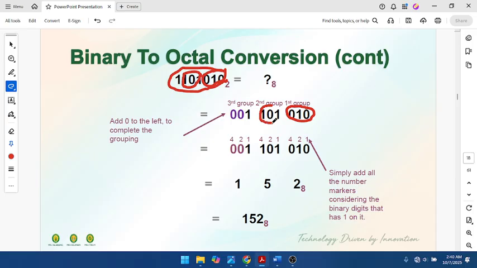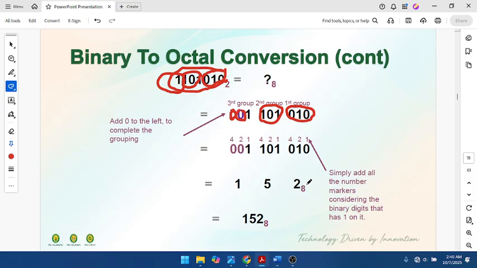Since the last part of the group is only 1, you have to add zeros to complete the three digits, so add two zeros for the third group. Now, let's put markers. Take note, guys, this is base 8.